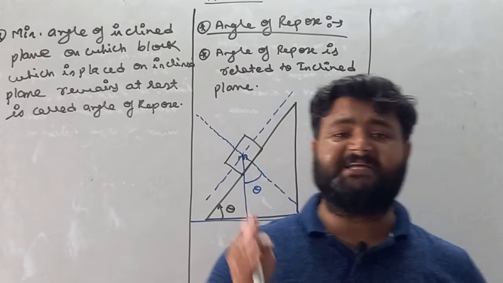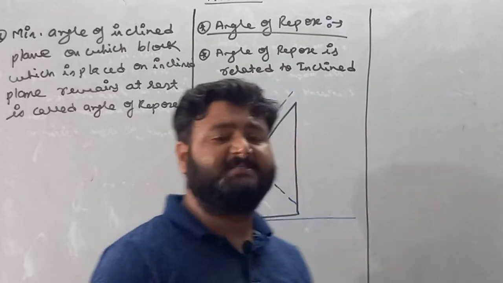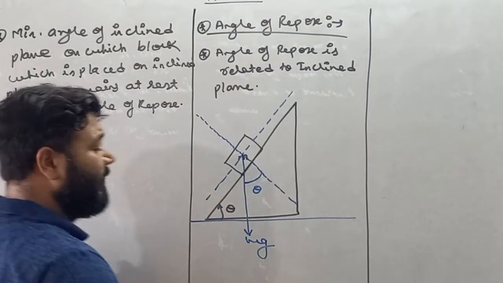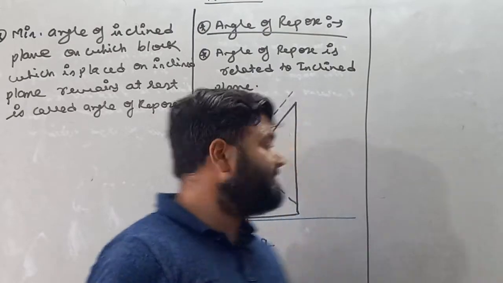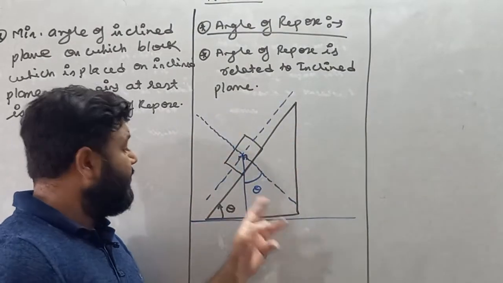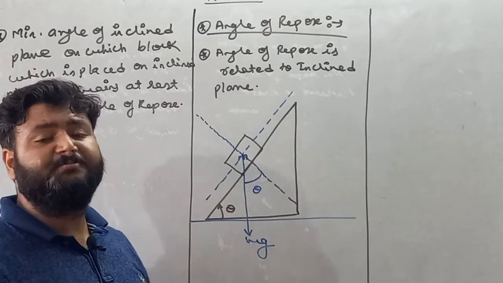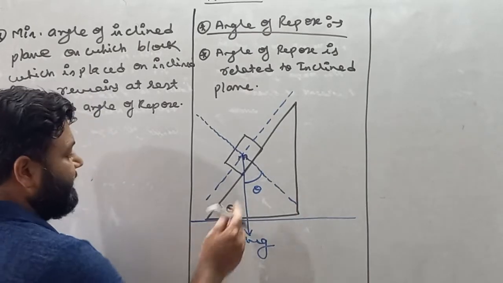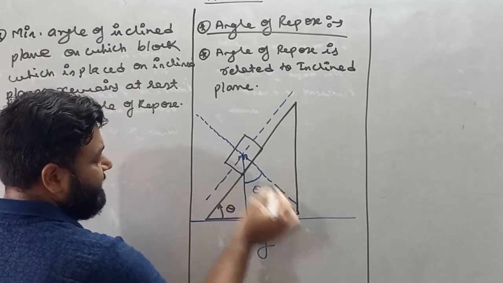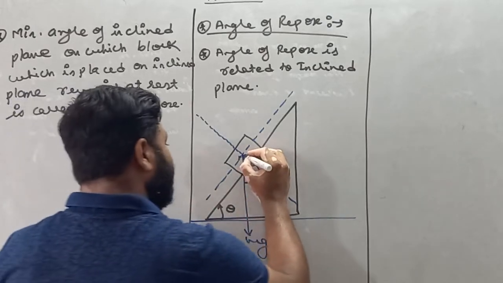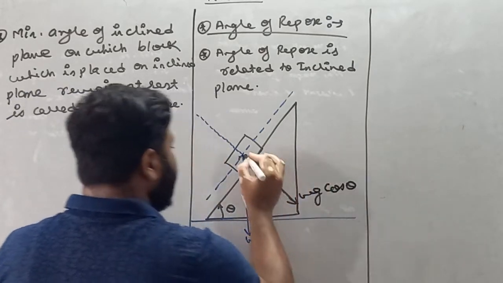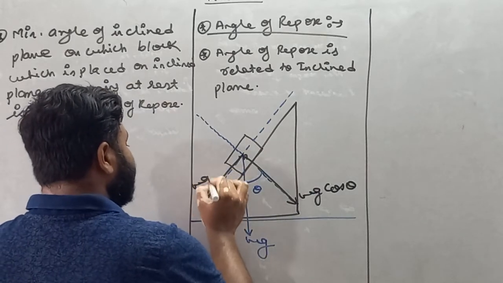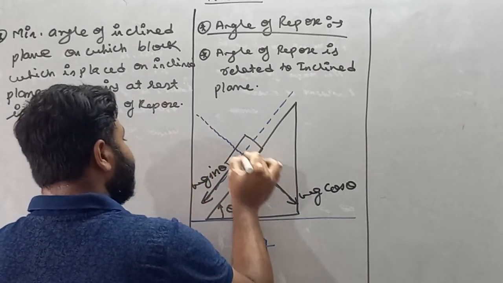Any vector quantity forms two rectangular components, one cos, the other sine. The cos component always lies along that line with which the vector makes angle theta. So this mg is making angle theta with this axis. Along this direction we can write mg cos theta, along this direction mg sin theta.